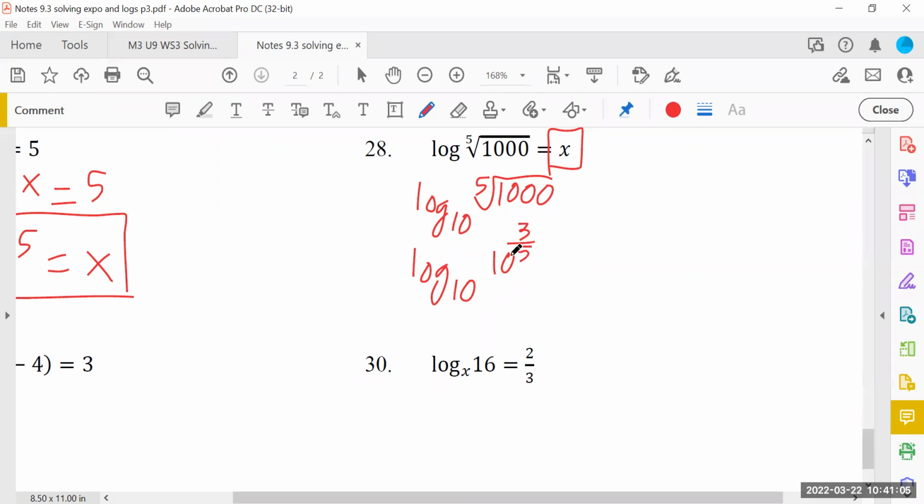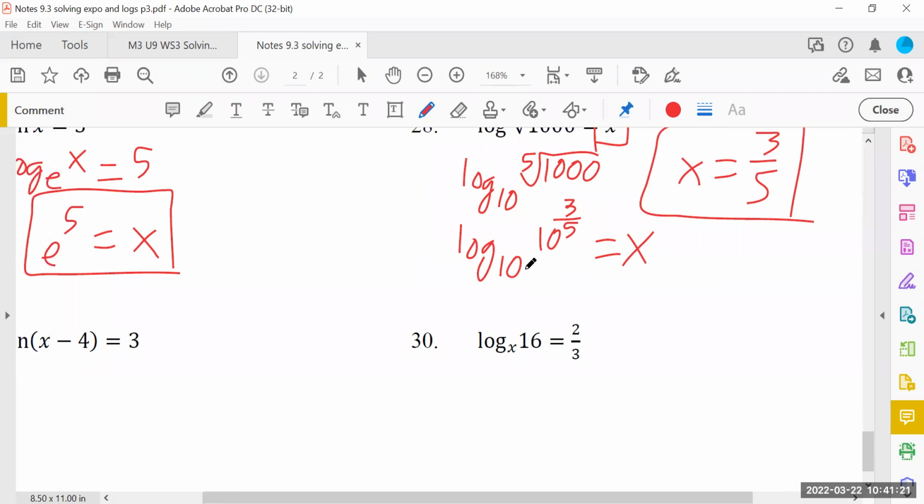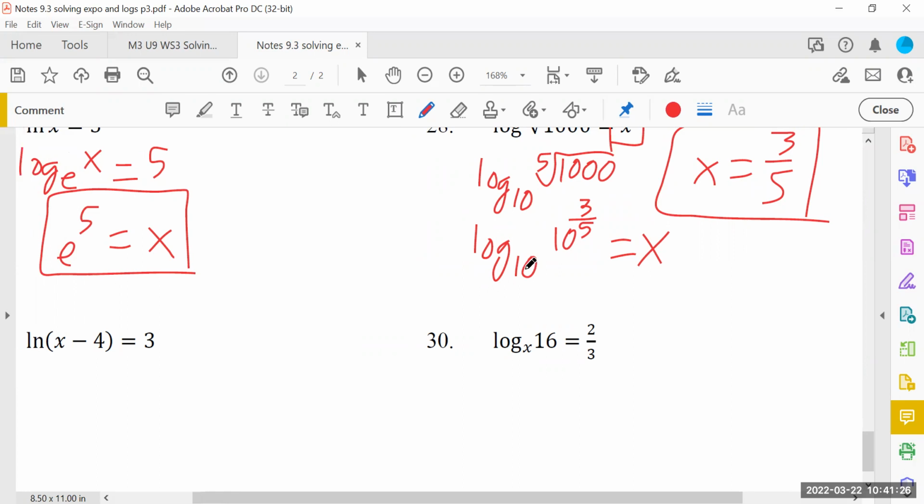So log base 10 of 10 to the 3 over 5 is x. That means x is just 3 over 5, just the exponent. Right? The 10s match. The exponent is my answer. So if it's already solved for x, don't mess it up. Don't switch over to exponential form and get x trapped.